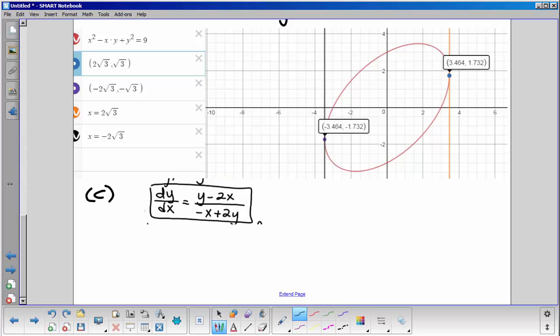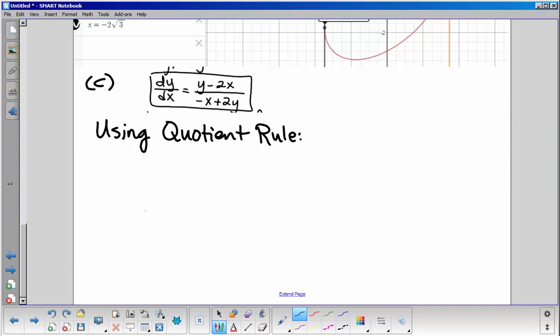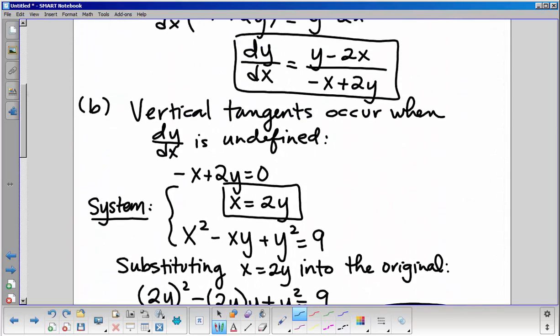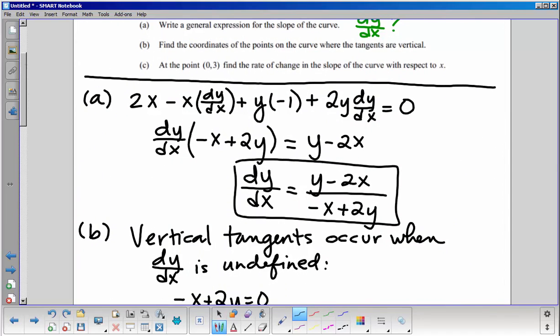What rule do I have to use? Using the quotient rule, we're going to get what? The second derivative of y with respect to x is going to equal... Yes, sir. Before you do that, can you explain why you're doing the second derivative? Okay, sure. The question says, at the point 0, 3, find the rate of change.